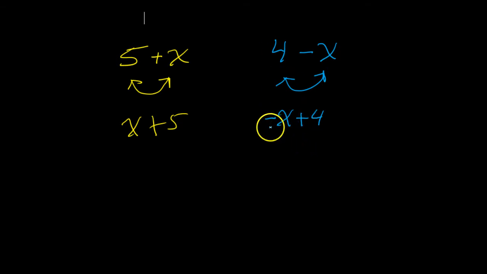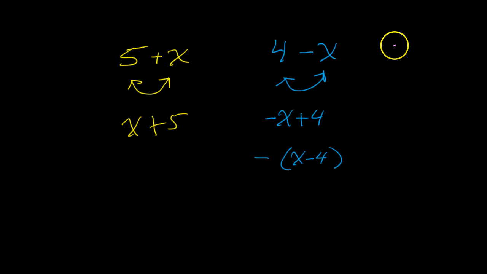Now, I don't like there being a negative leading coefficient when I'm trying to factor, so I would want to factor out that negative 1 and put x minus 4 like this. Okay, so notice the pattern. I have 4 minus x. Now if I reverse these and put x minus 4, I have to have this negative outside. So I want you to be able to do that in one step though.